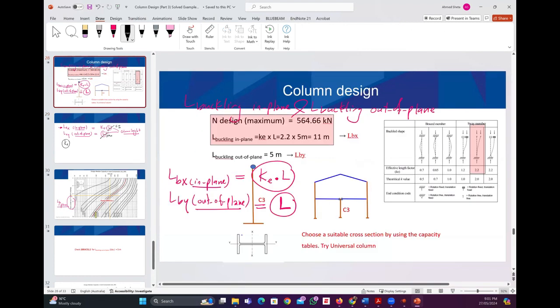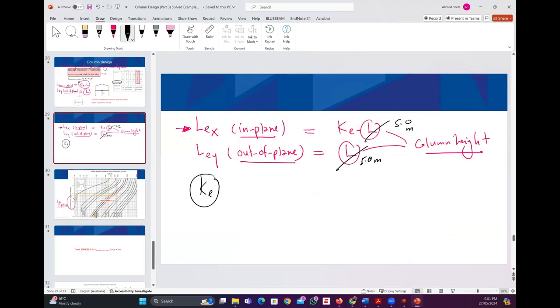If you look at this table, these are the values of K effective, depending on the two ends of the column.